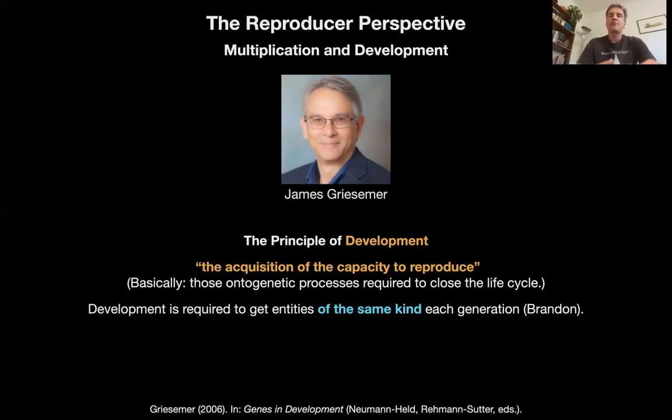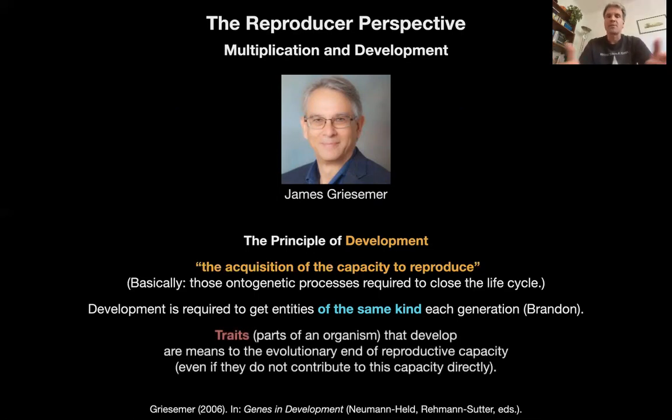Remember, this is Robert Brandon's argument that what is actually replicated is not the whole organism. So you need to have some sort of process that restores its organization during each life cycle. Otherwise you don't get the same type of organism. In this perspective, you treat traits, parts of an organism, as contributing to this capacity, as contributing to development in this sense.